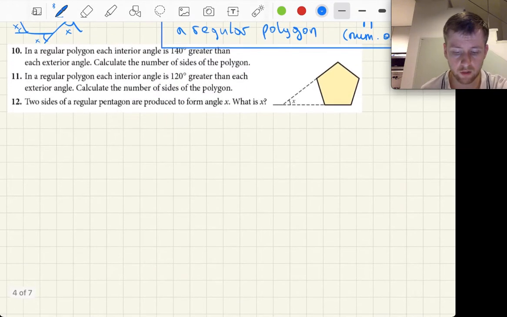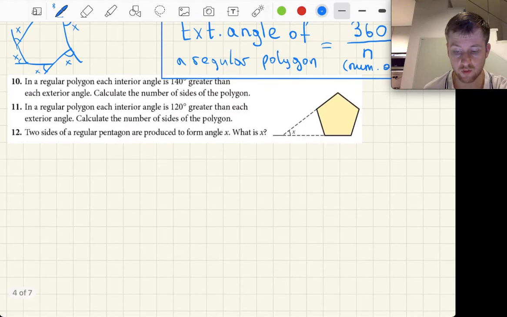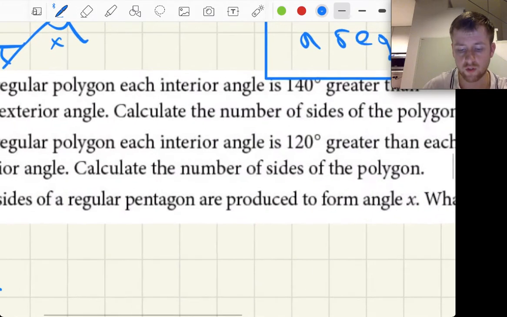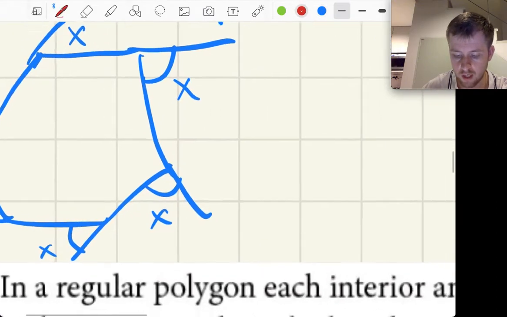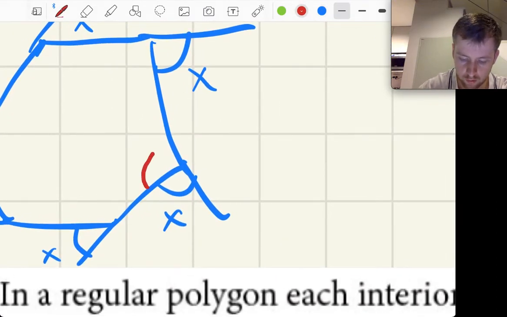In a regular polygon, each interior angle is 140 degrees greater than each exterior angle. Calculate the number of sides of the polygon. One more interesting thing about the external angles is that they form a straight line with each internal angle, right?